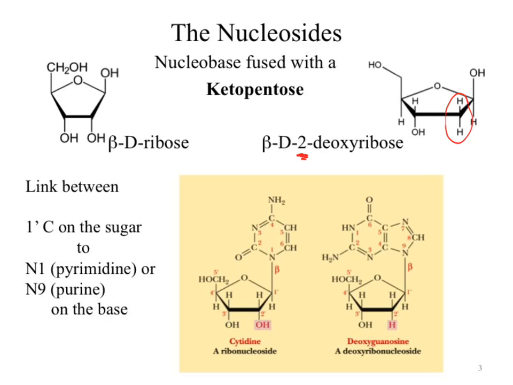Very rarely do you actually see the full name drawn out. If you think to DNA, your DNA is deoxyribonucleic acid. What you're referring to is this overall process. That sugar has lost an OH, exchanged for a hydrogen.